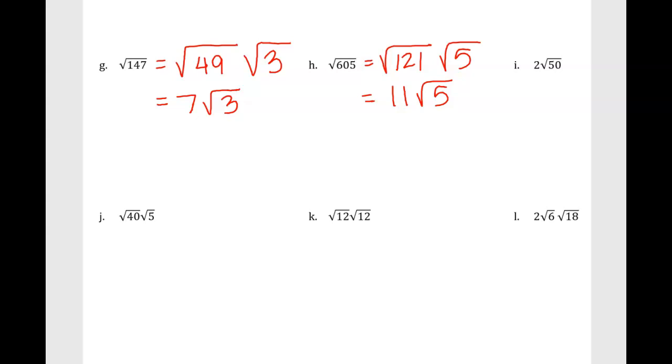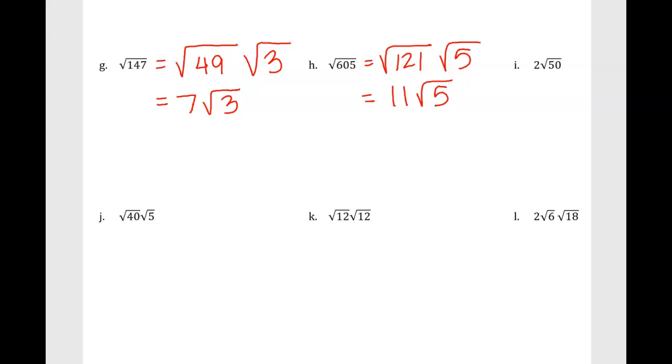Okay, 2 square roots of 50. The 2 doesn't affect what we're doing. You kind of ignore it. 50 breaks down into what 2 numbers where one of them is a perfect square? Don't tell me 5 and 10 because 5 and 10 aren't perfect squares. I want a perfect square that goes into 50.